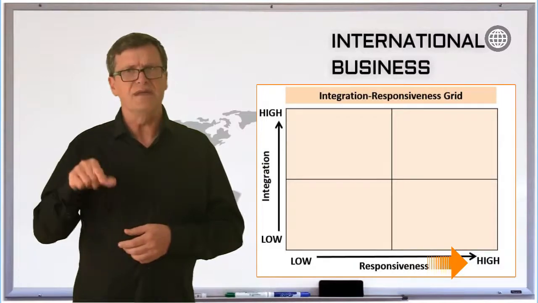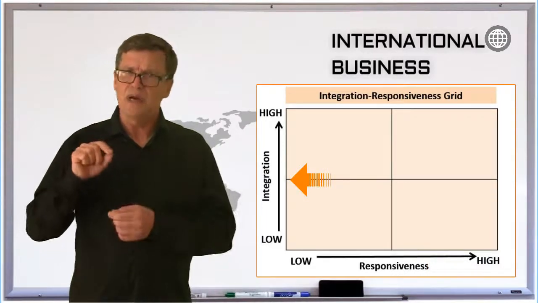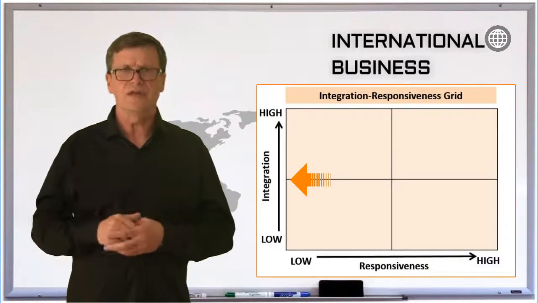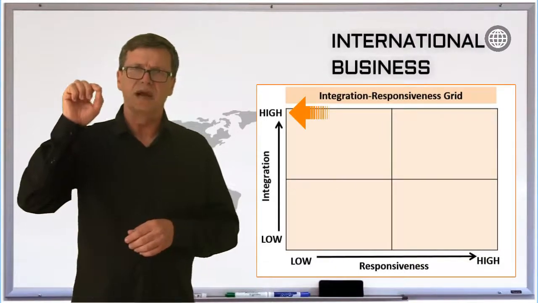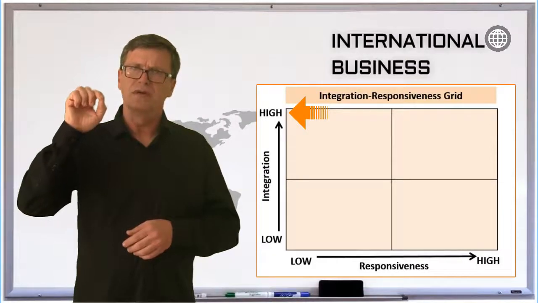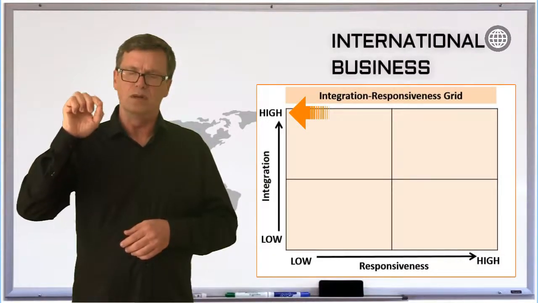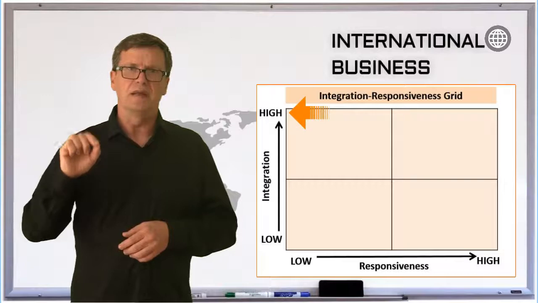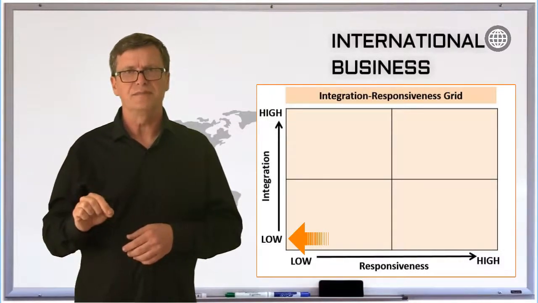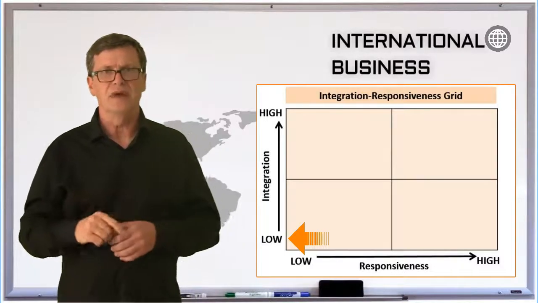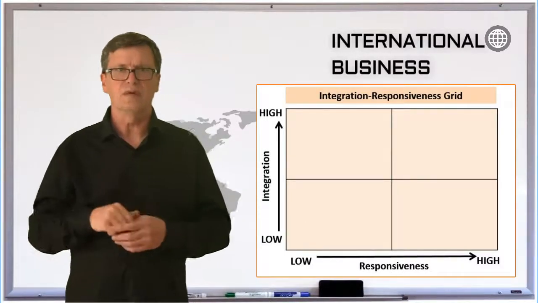On the left side of the grid, then you write pressure for global integration. And then on the top left, you write high pressure for global integration. And on the bottom left, you write low pressure for integration. So you have your grid with the 4 quadrants.